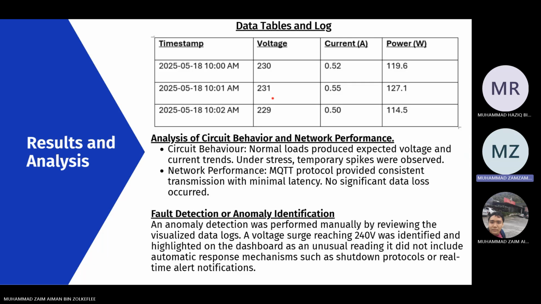Although our dashboard captured a voltage spike up to 244 volts, it's important to note that this was identified during manual review of the data logs. Unfortunately, we did not include a screenshot or marked graph of this spike in the slide, but it was visible during the live testing.